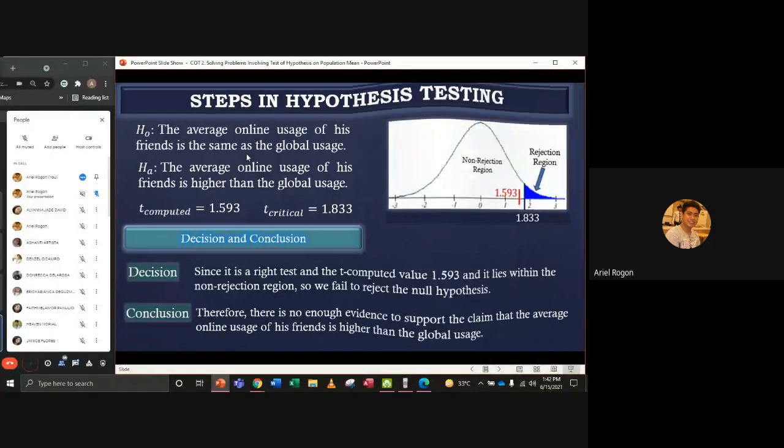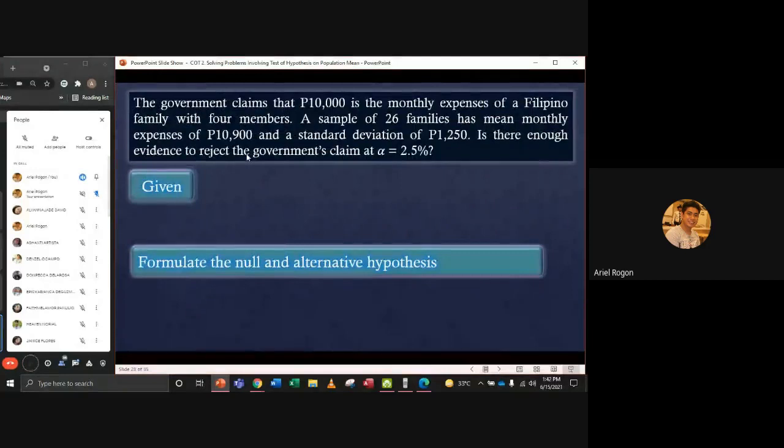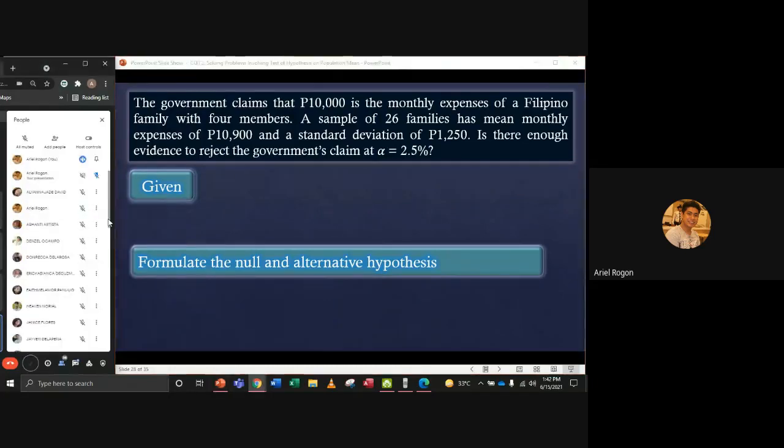Next. Another example. I would like to read the problem. Sige, tawag tayo. Yung mga hindi ko pa naririnig, no? De La Peña. The government claims that 10,000 pesos is the monthly expenses of a Filipino family with 4 members.